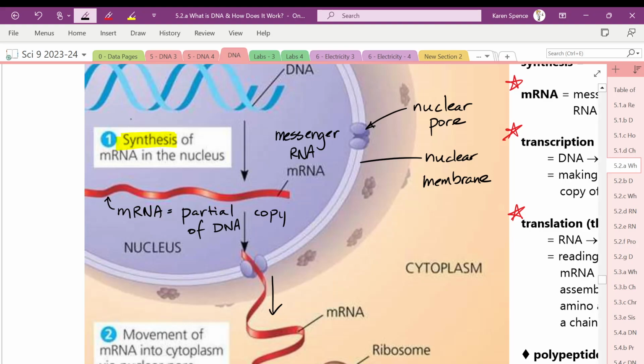So up here at step 1, we said that's the synthesis of the mRNA. In other words, we are making mRNA. And the process of making mRNA is called transcription.